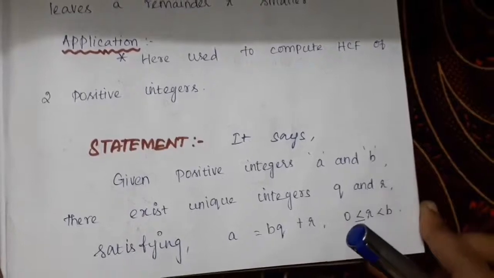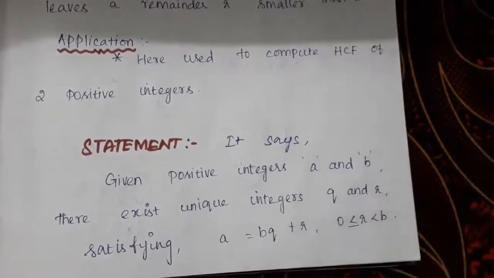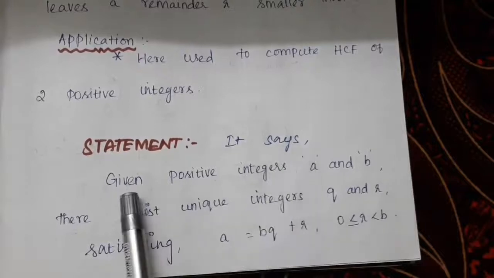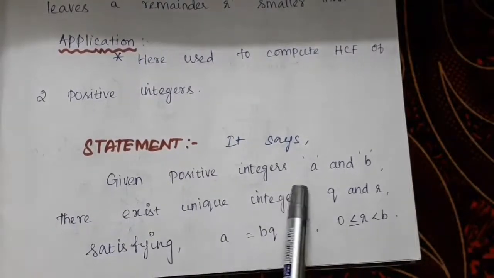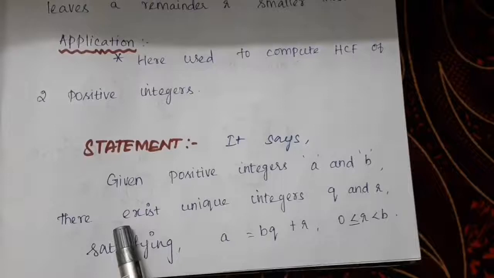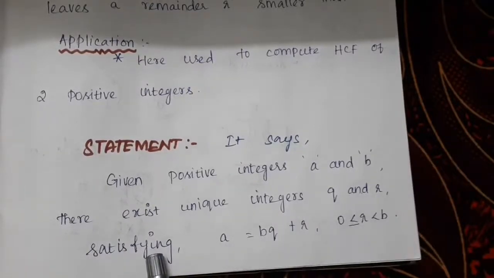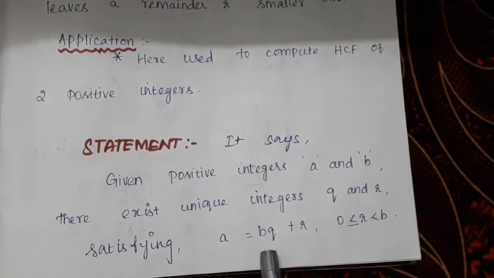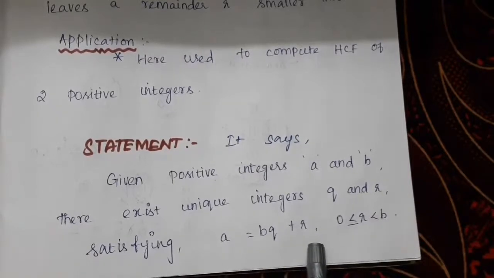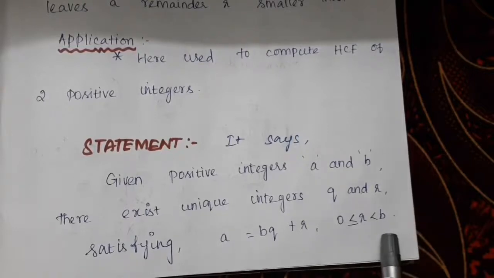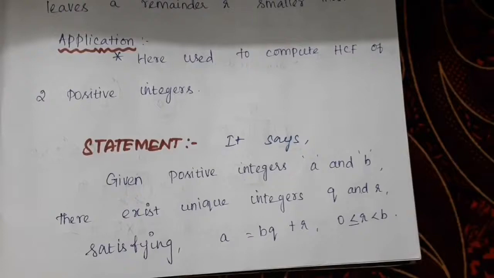What is the statement of Euclid's division algorithm? For any given positive integers a and b, there exist unique integers q and r satisfying a equal to bq plus r, where r is greater than or equal to 0 and less than b.